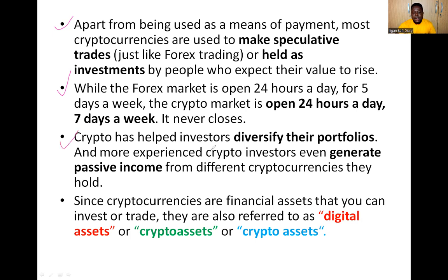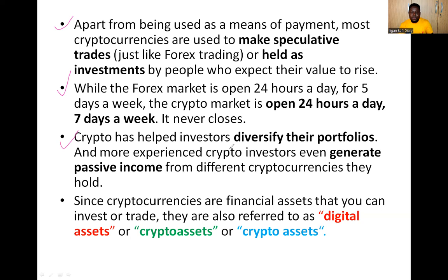Now, crypto has helped investors to diversify their portfolios. Yes, like I was showing you the asset class. Now, crypto has given people a new option. In the past, one would be thinking of going into the real estate asset class. Another person may be thinking of going into the commodity asset class. Others may be thinking of going into the fiat currency or the cash asset class.